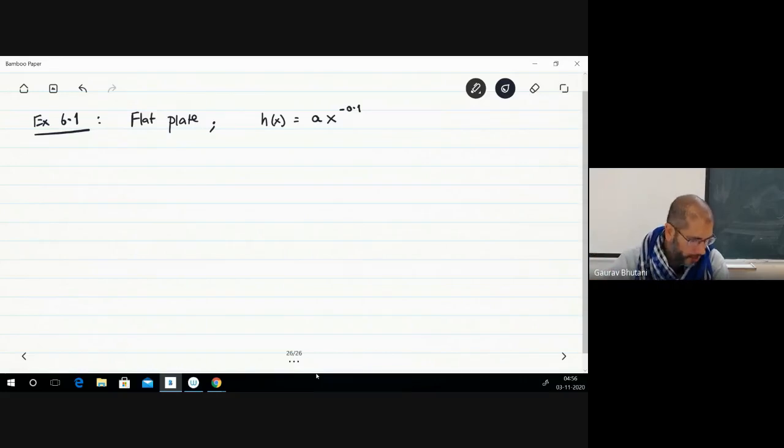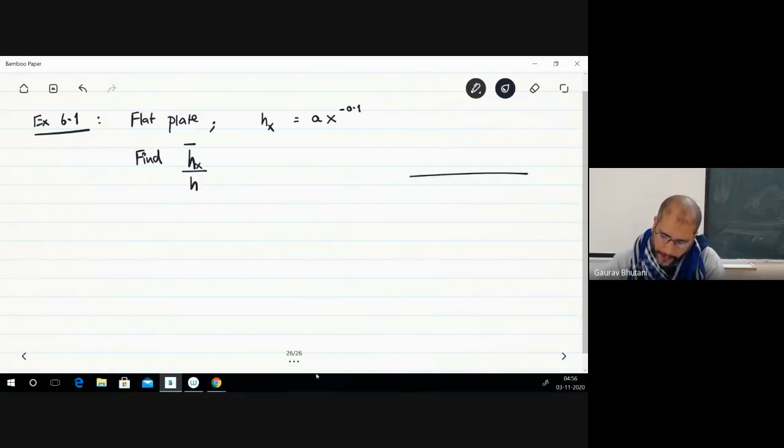Now what you have to do is, for this case, find the average heat transfer coefficient. The book calls this Hx bar. So we'll use the local heat transfer coefficient.